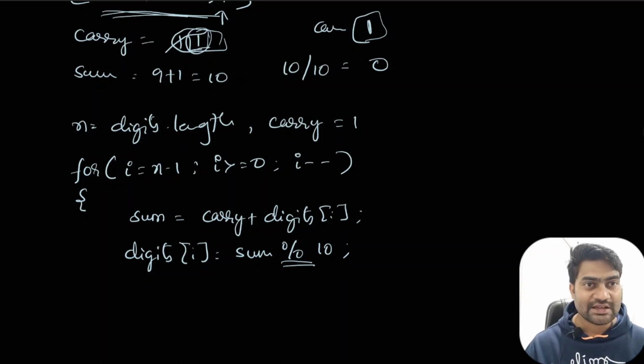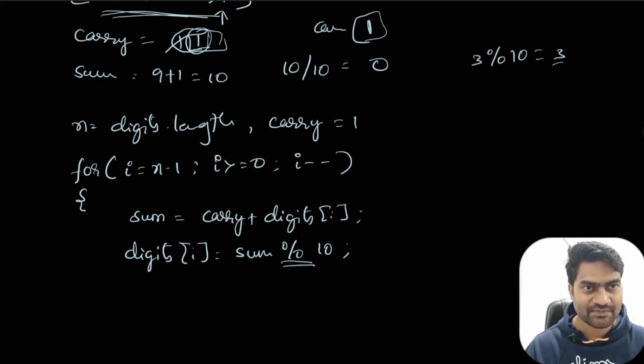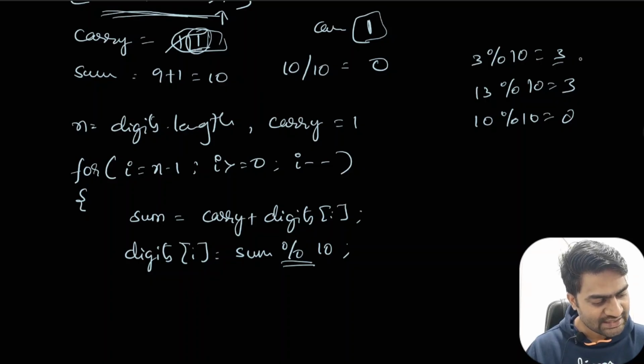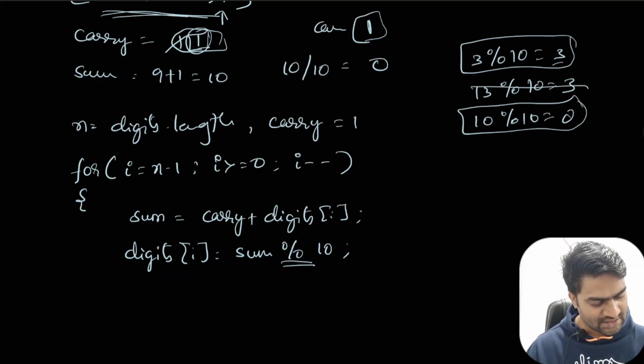If it is 3 modulo 10, then it will give us 3 itself, correct? And if it is 13 modulo 10, it will give us 3. If it is 10 modulo 10, we will get 0. So we are dealing with these cases here. This won't appear for us. So I will replace my digits of i with sum modulo 10.